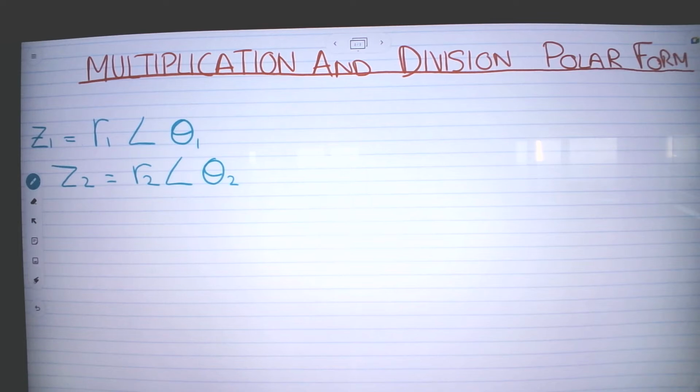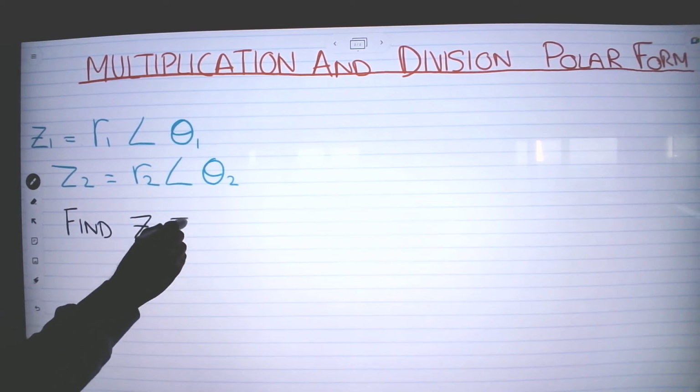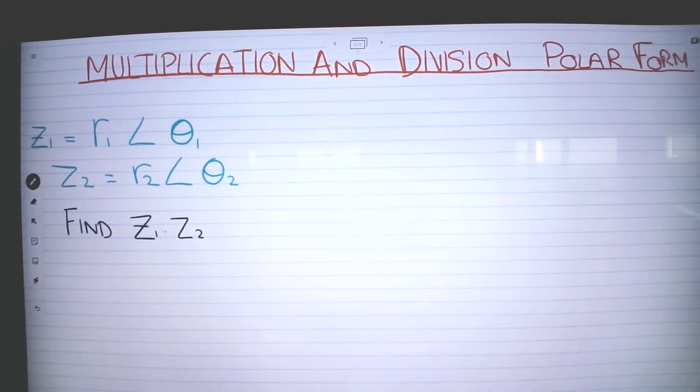And I want to multiply them. The question is to find z1 dot z2. The dot means multiply.